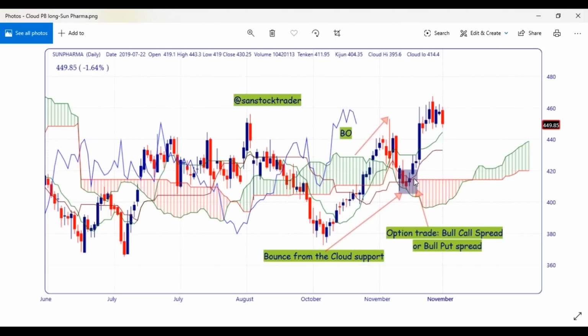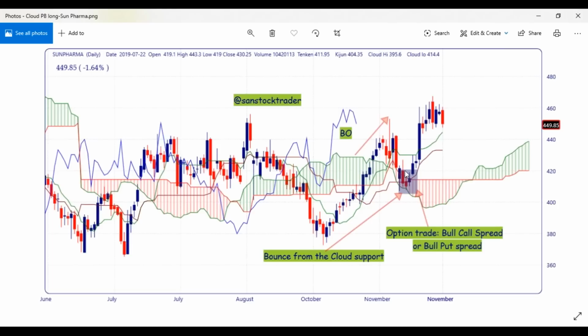So first, one can buy a naked call option. When you buy a naked call option, you should not worry much about your risk, because the maximum risk is the premium paid. Or you can go with a fixed risk strategy like a bull call spread, where you buy one at the money call option and sell an out of the money call option.